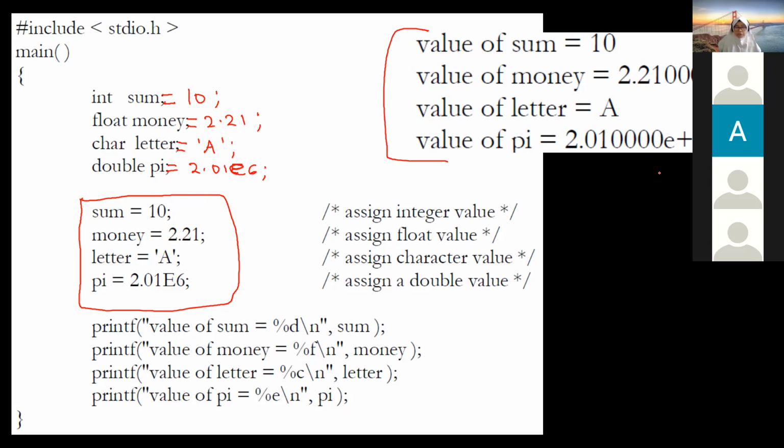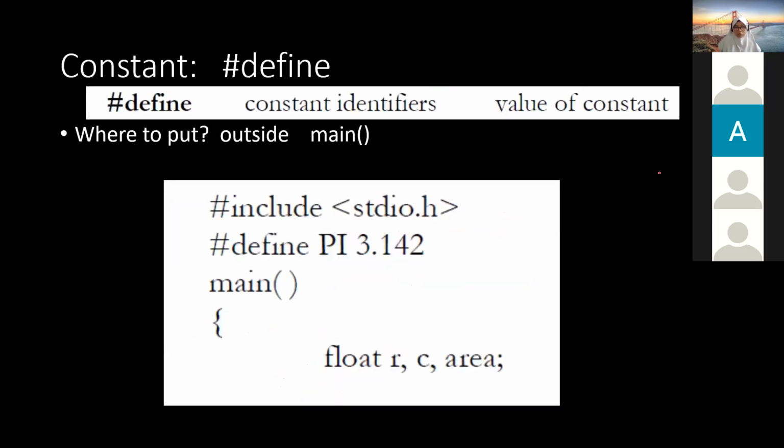Okay, just be brief. Now we also talked about #define. This is especially for constant identifiers. And you can see the difference between #define and assignment. So what we have done before, let's say float R, C, and area.